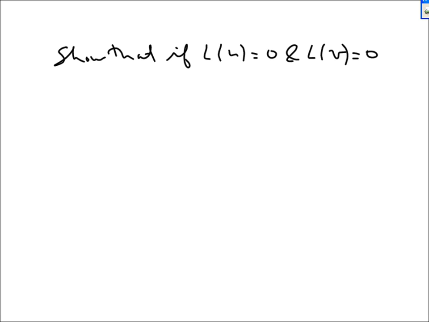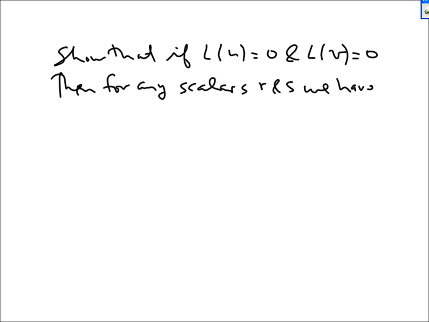So, show that if L of U equals 0 and L of V equals 0, then for any scalars r and s, we have that the linear combination is also going to be 0.